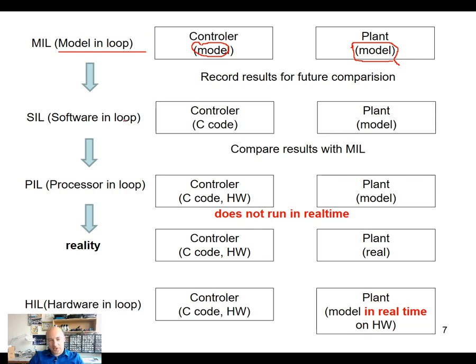The second stage is called software in loop. Now note that there is a difference. Here the plant is still a model, so we are still running the simulation that is based on some differential equations, but here this controller is already done in C code. Now here I'm showing C code as an example, but nothing prevents you from using any other language.